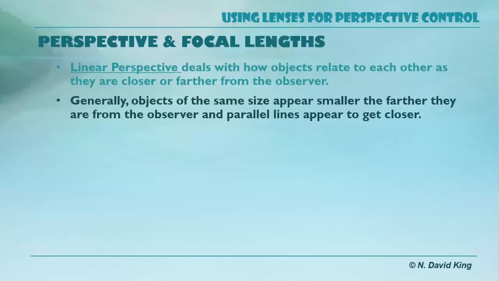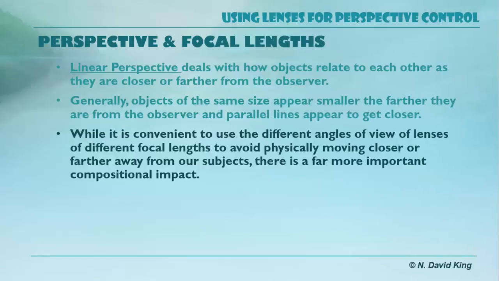Well, this is pretty much old stuff, and we see it every day. We learn the language of perspective, and it gives us part of our sense of three-dimensional space. When it comes to lenses, we have some interesting controls. Normally, and we saw this in the first presentation, it's convenient to use different angles of view for the different focal lengths to avoid physically having to walk backwards or forward in order to best crop our subject.